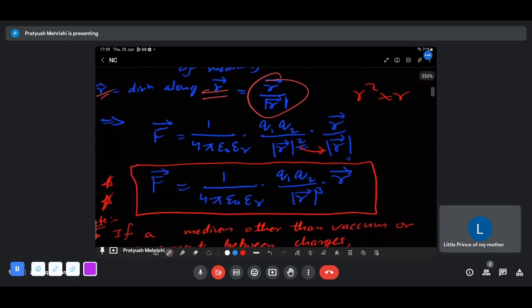Therefore the force will be 1 upon 4 pi epsilon naught epsilon r, q1 q2 upon the magnitude of r squared, multiplied by r cap. This is r cap, and we write it as r vector upon magnitude of r vector, so it becomes cube. This is Coulomb's law in vector form.